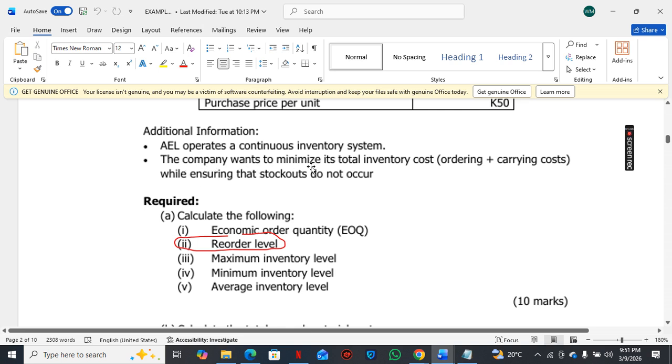The company wants to minimize its total inventory cost, ordering plus carrying costs, while ensuring that stockouts do not occur. As I said earlier on, in inventory control you are trying to minimize these costs and prevent understocking, because when you understock, that's where stockouts will happen.